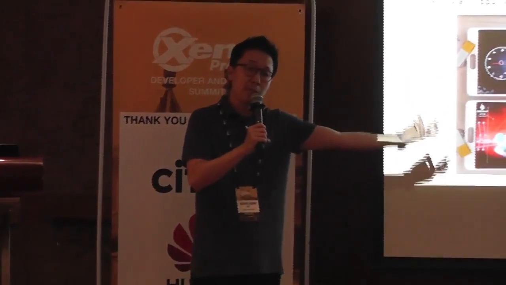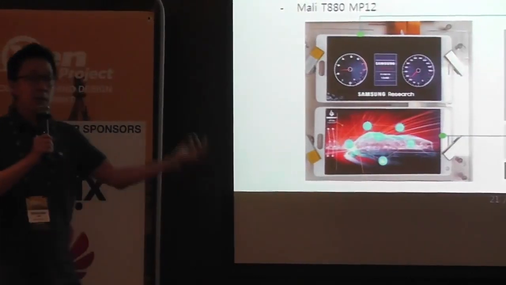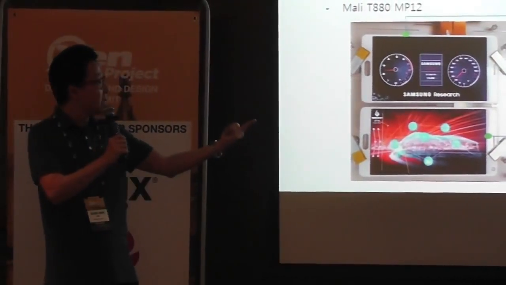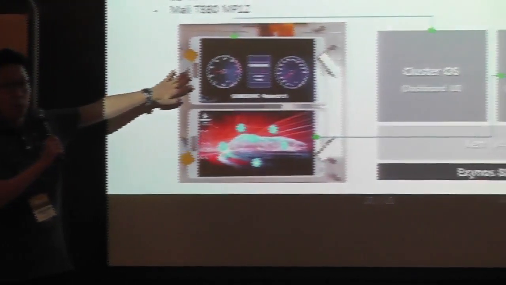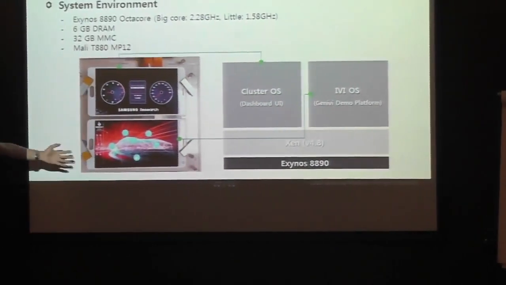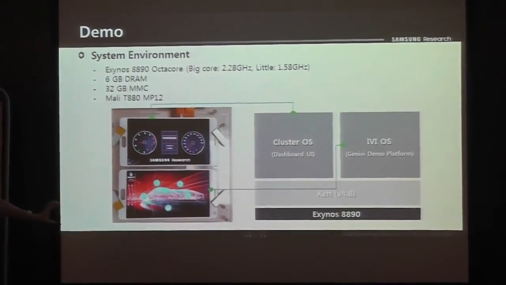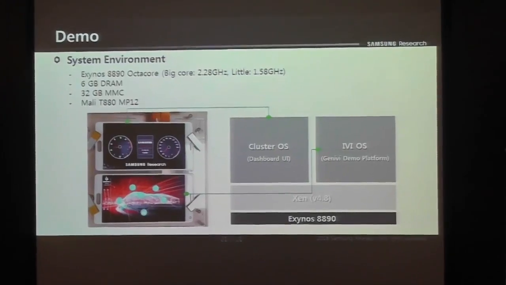These 2 operating systems are Linux-based, kernel version 4.4. The first one is the cluster operating system, having needles, and the second operating system is the IVI operating system. We ported the generative demo platform here.